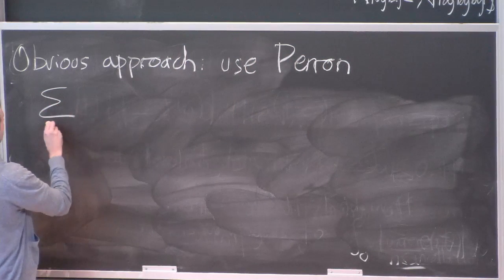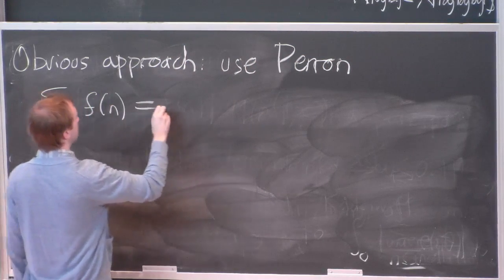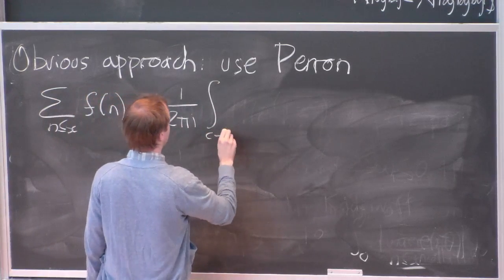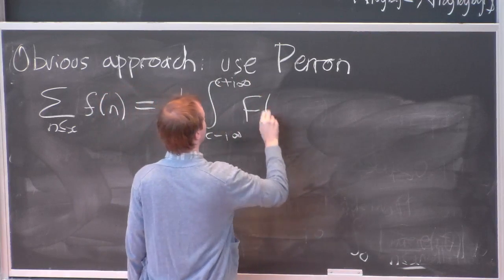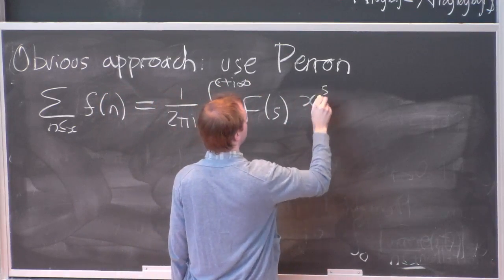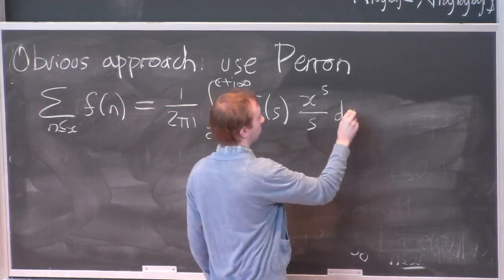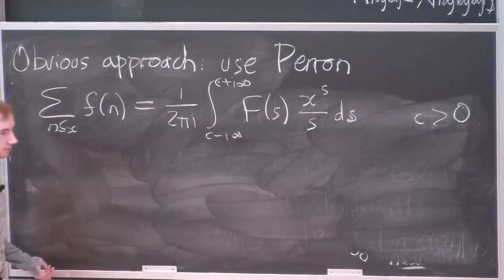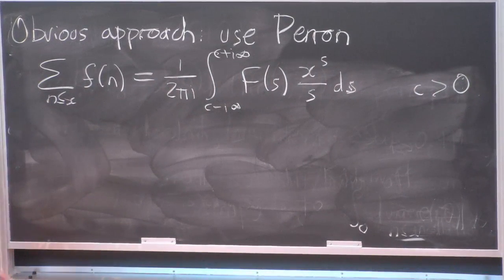Okay, so the sum of f of n is like 1 over 2 pi i times the integral up a line. And f is a finite product, so I can have any positive abscissa if I want to. But this won't work, so why not?